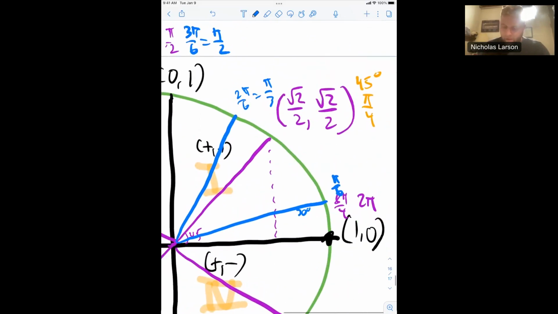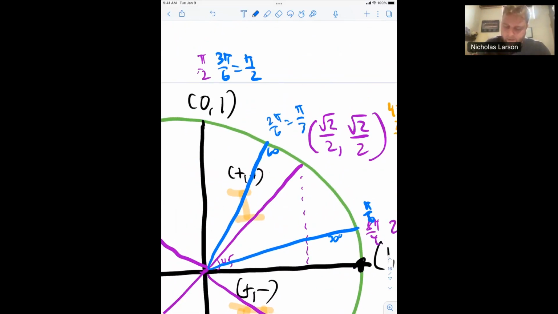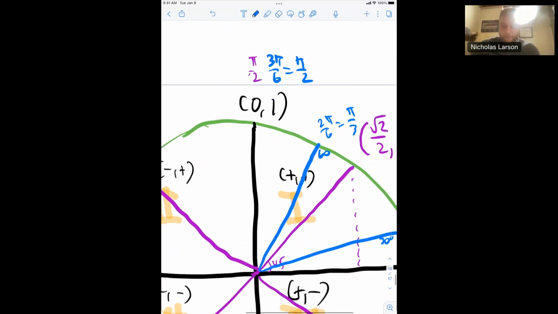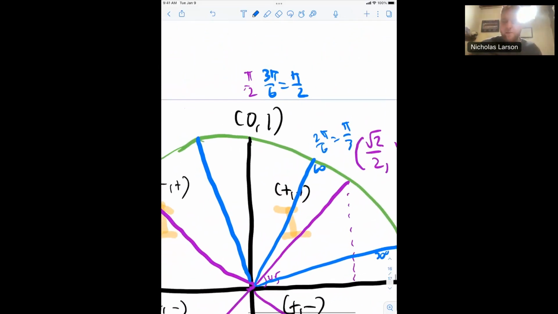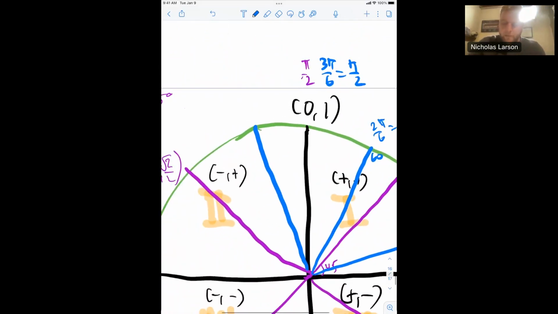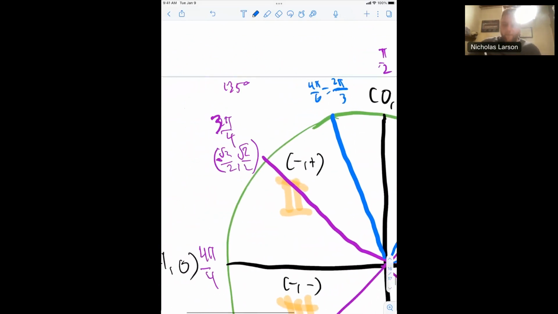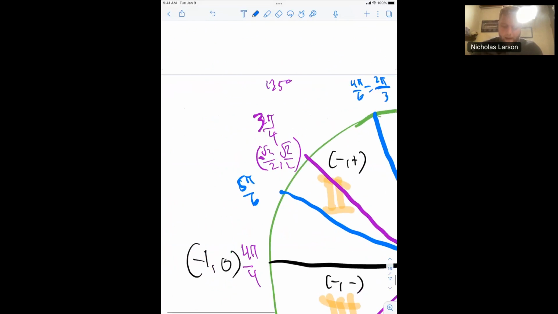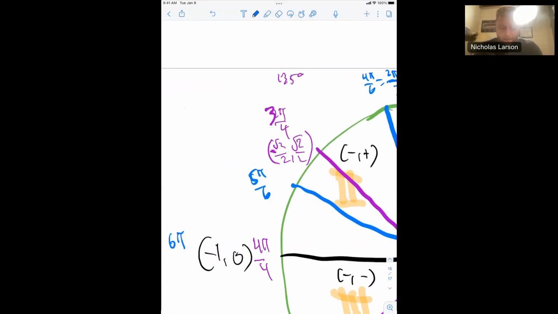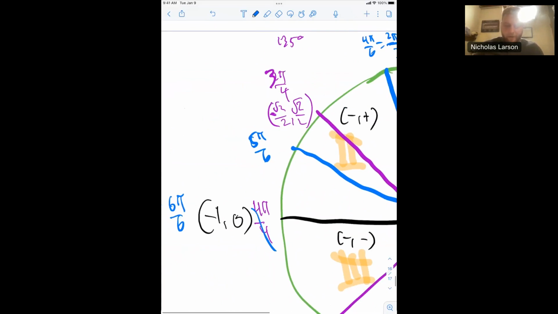So again, 30 degrees, 45 degrees, 60 degrees, 90 degrees, plus 30. This could be 120 degrees. So again, pi over 6, 2 pi over 6, 3 pi over 6. This would be 4 pi over 6 or 2/3 pi. 5 pi over 6, 6 pi over 6 is really just pi, which is the same as we already figured out.